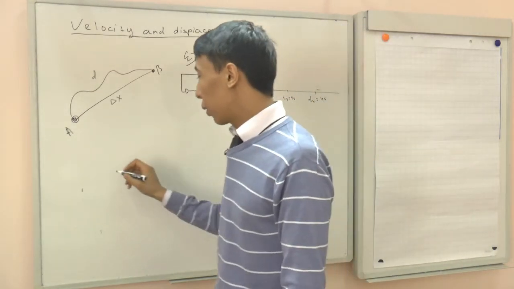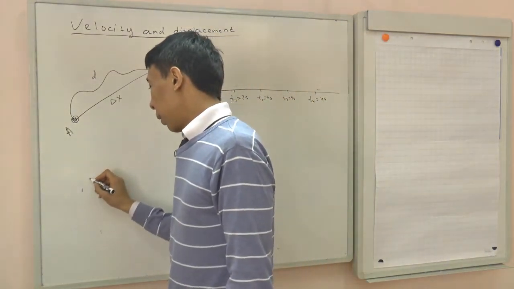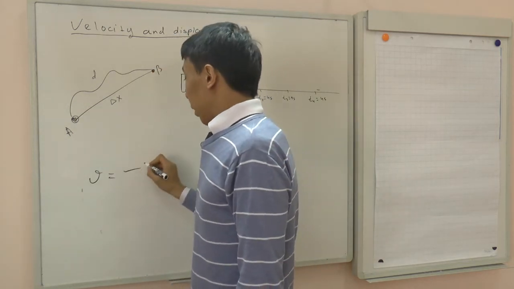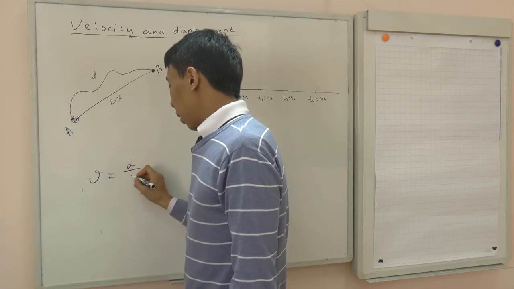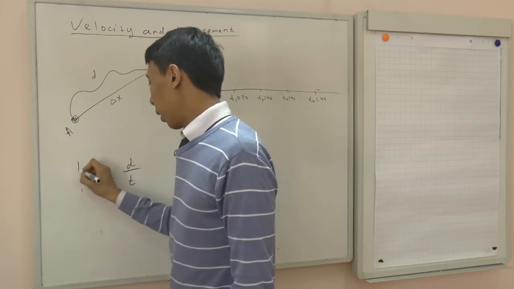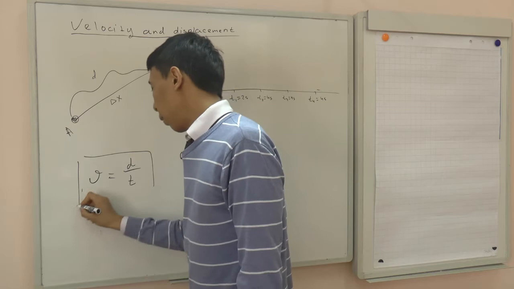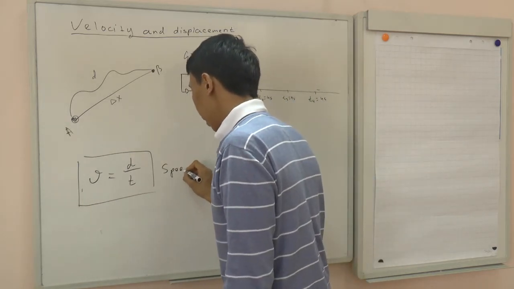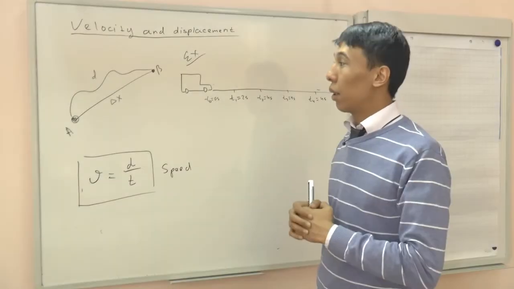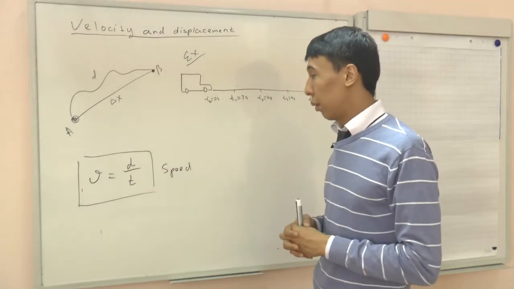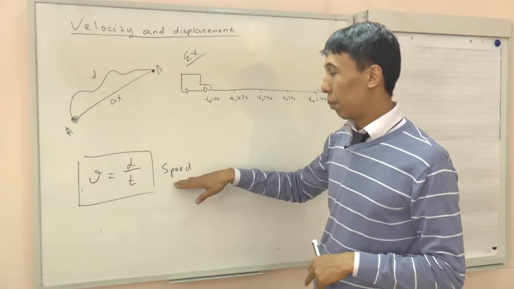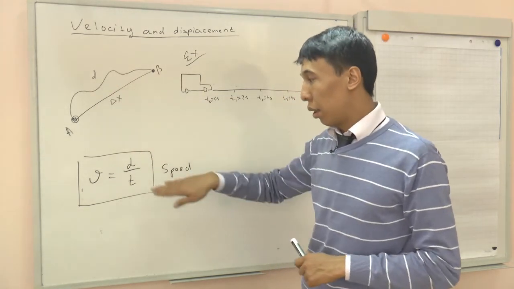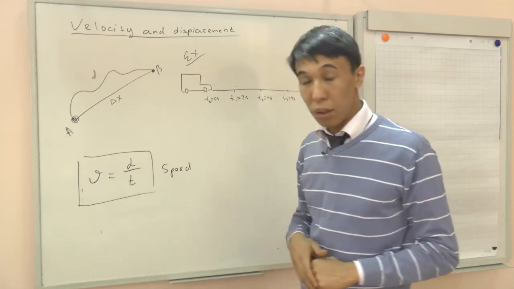The equation of speed is what? v is equal to distance over time. Yeah, this is the equation of speed. If you want to find the speed, we should use distance, and the equation was distance over time.